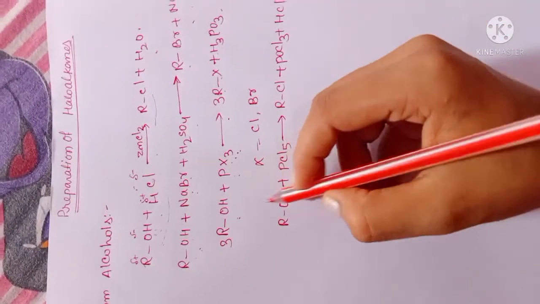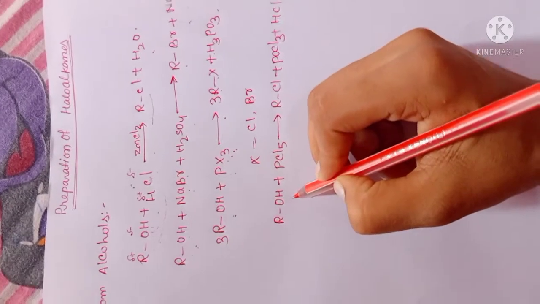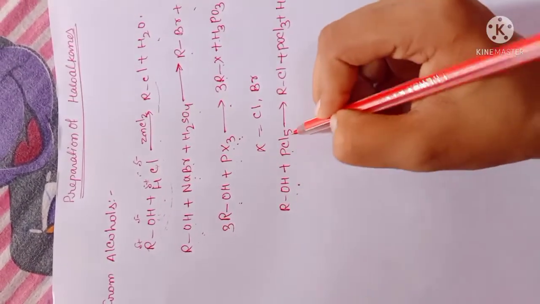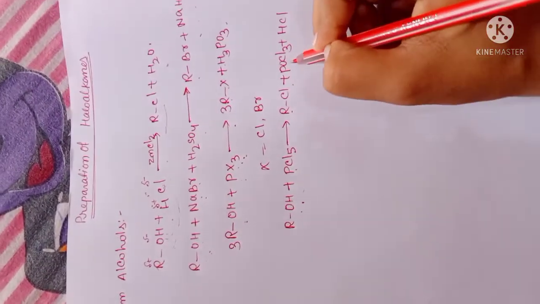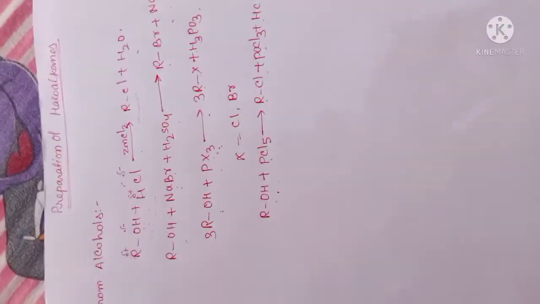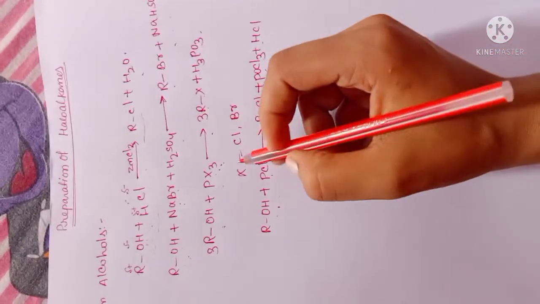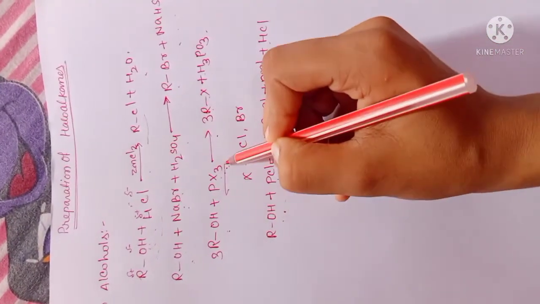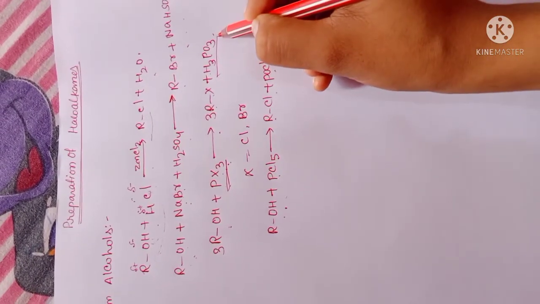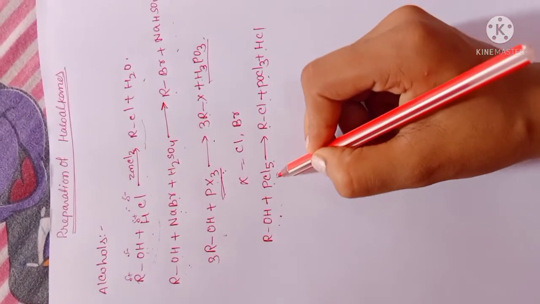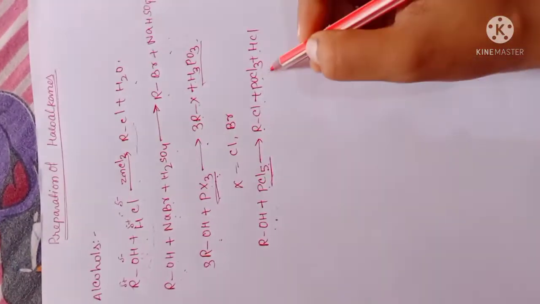Let us look at the fourth reaction. Here is ROH plus PCl5. It will also give RCl plus POCl3 plus HCl. You must remember that in the case of PX3, the byproduct is H3PO3, and if there is PCl5, then your byproduct is POCl3.